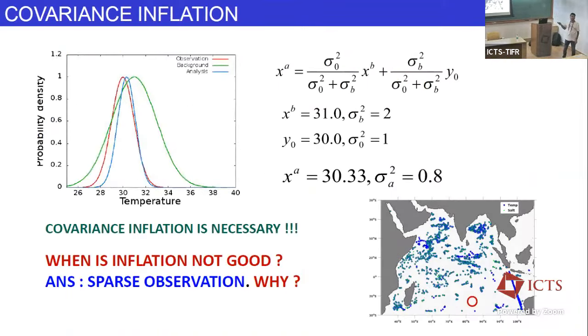So in order to avoid that, what do we do? We do something like covariance inflation. After each assimilation cycle, this analysis error variance, we artificially inflate it by some factor. What that factor will be depends on some trial and error.